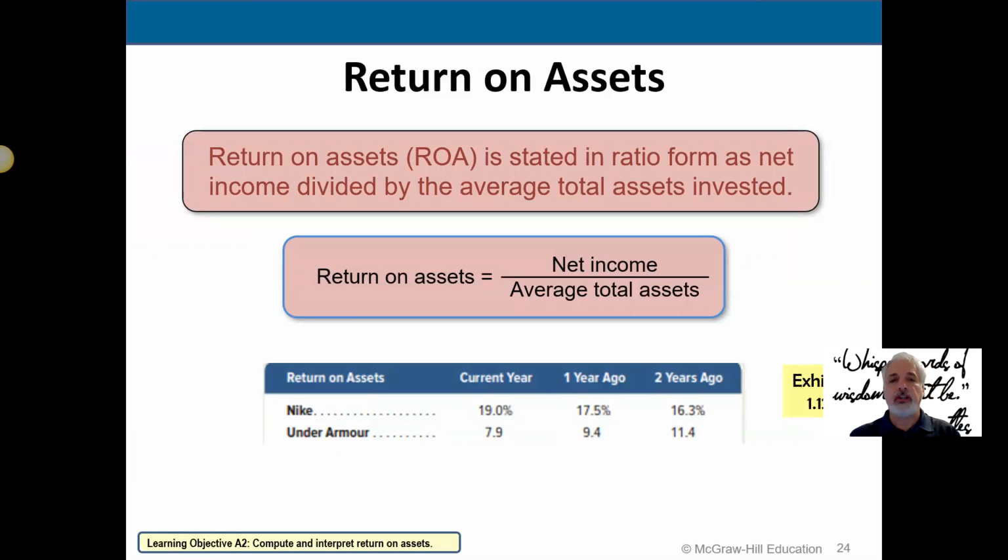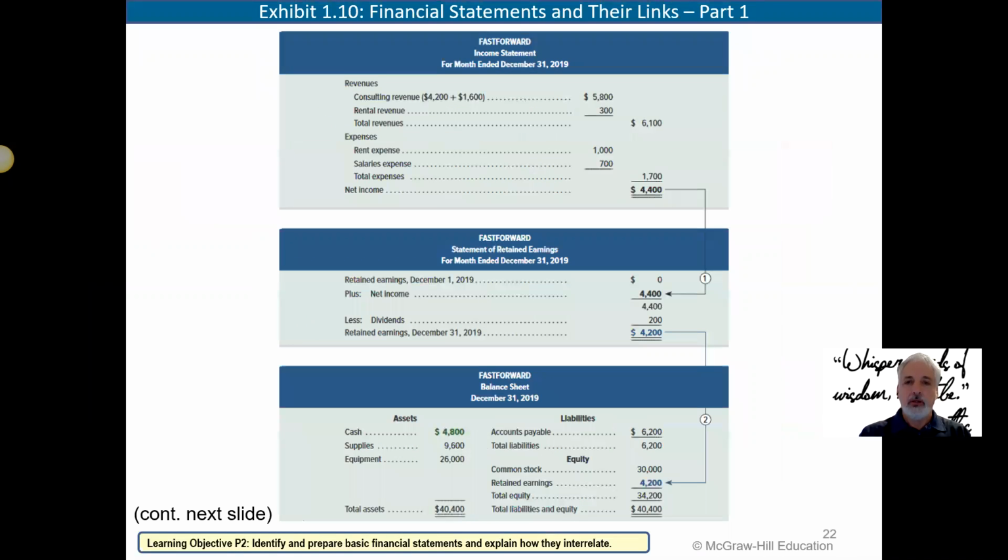Let's talk about return on assets. Net income over average total assets. Let me go back here a second. So you got net income, $4,400. If I buy all these assets of $40,400 and we take the average, it's a point in time at the beginning, a point in time in the end, divided by 2. That's kind of important. We'll talk more about that. And we take 4,400 out of 40,400.